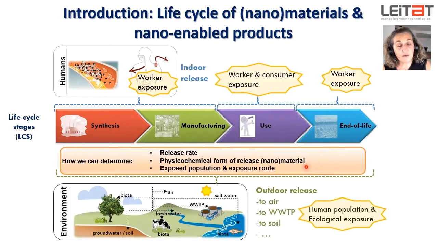So if it's a nanomaterial, is it an ionic form of the nanomaterial, or in the form of composite material? And then also to determine who is going to be exposed, so who will be the receptor, and following which exposure route these released materials will end up in contact with these receptors.